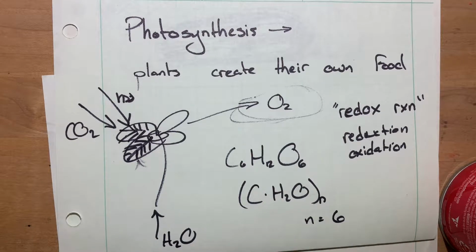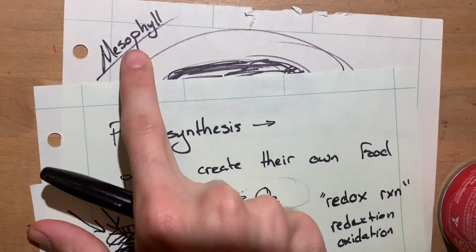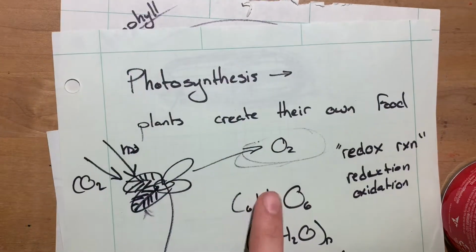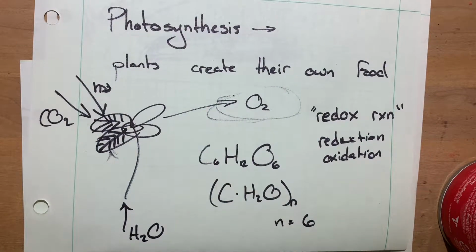This is because inside of the leaves, there's a tissue called mesophyll tissue, M-E-S-O-P-H-Y-L, and here we have it right here. Each mesophyll cell holds about 30 to 40 chloroplasts. Chloroplasts are truly the crucial factor in the existence of photosynthesis.